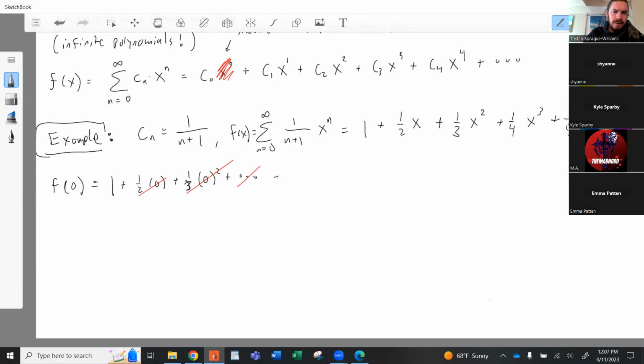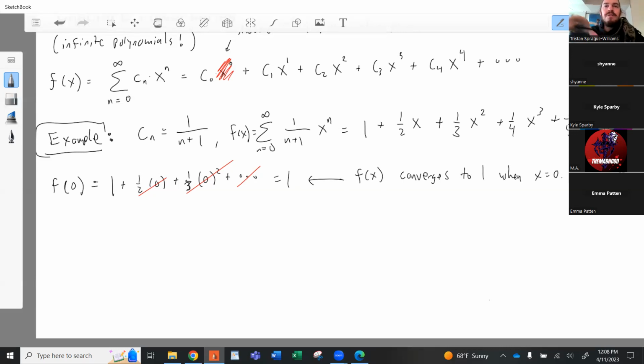And all we have is just 1. So what this means is that f of x, the series, converges to 1 when x equals 0.